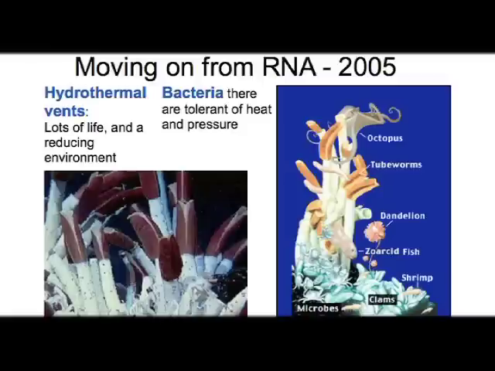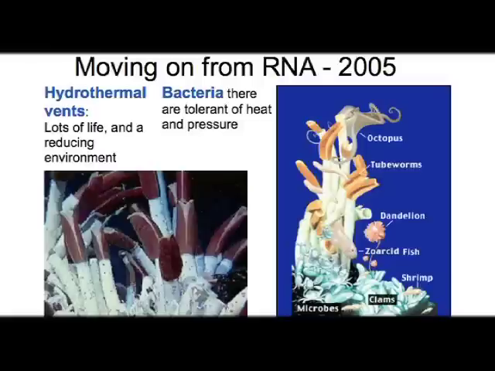And as a matter of fact, there's lots of life in some of those very deep fissures in the ocean, very thermostable, and some of those bacteria are really strange and very tolerant to heat and pressure. The idea was if this thermal vent has these little cavities in it, it'd be a great place for life to form in this little protected cavity. That hasn't worked out either, but people are certainly thinking about that idea.